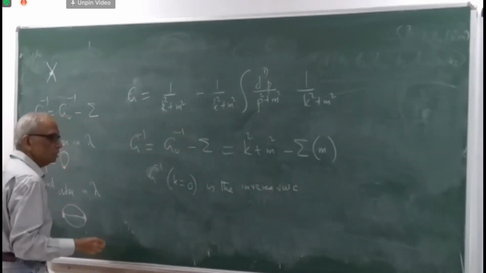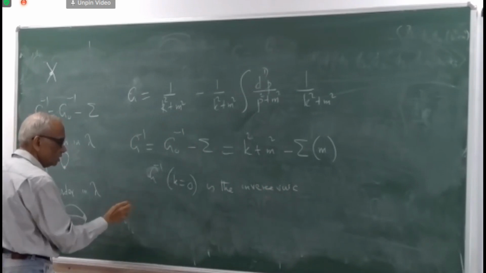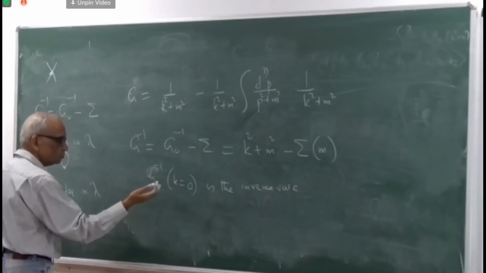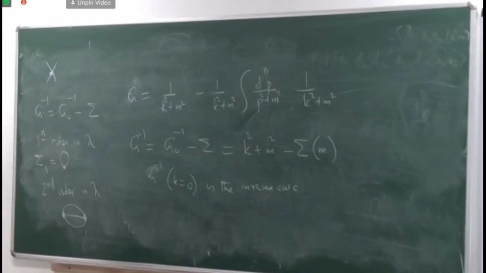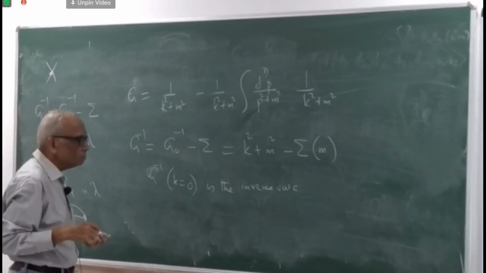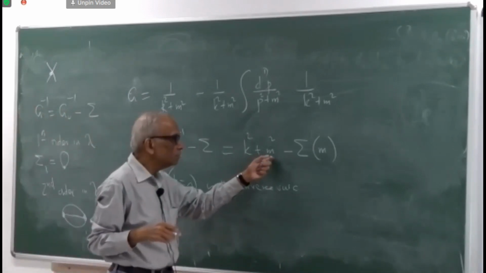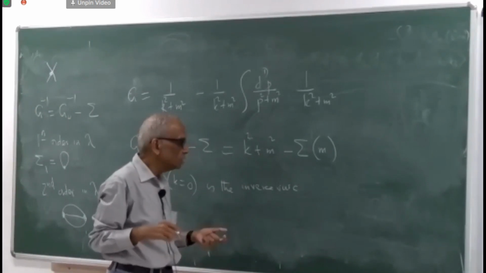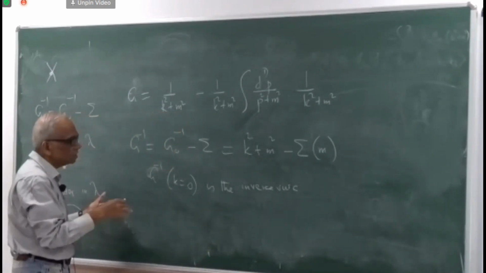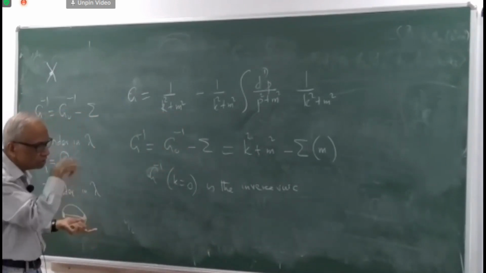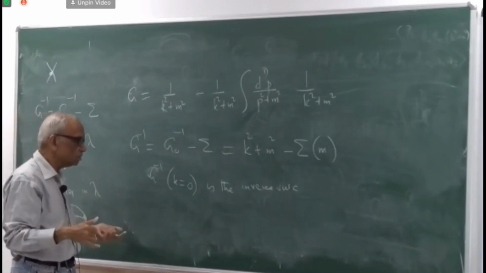susceptibility, because G is 1 over k squared plus m squared. All right. So G is the correlator, and the correlator is the susceptibility.